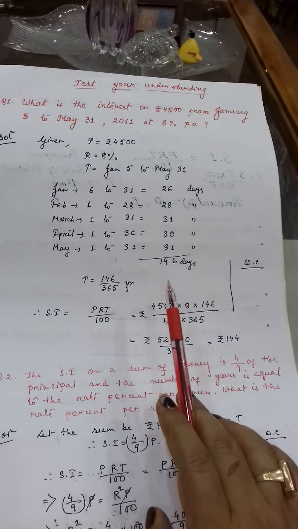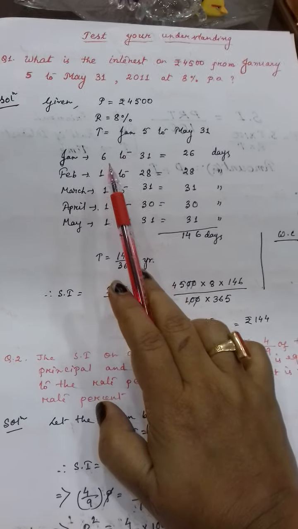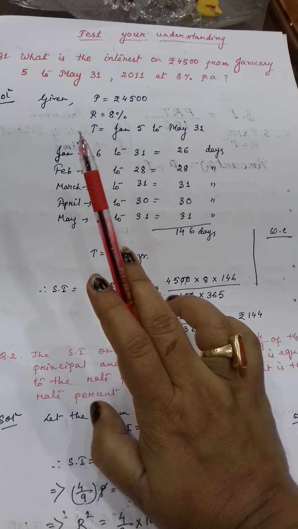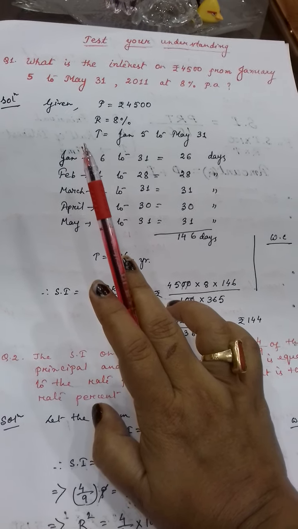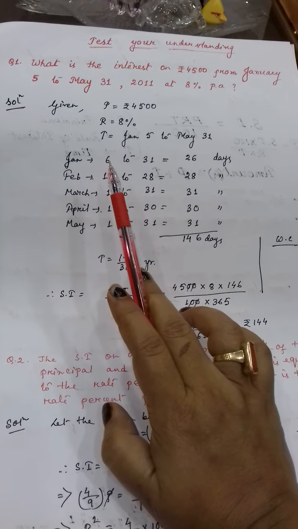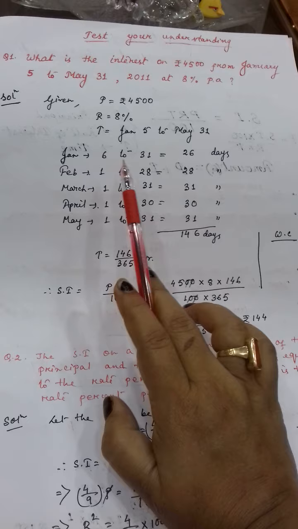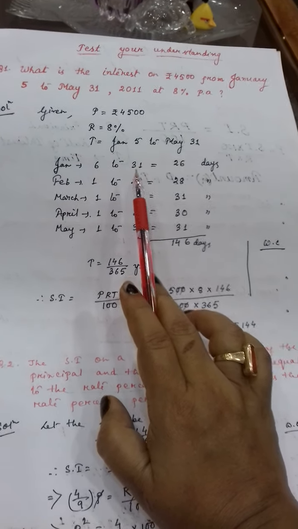Clear or not? So it is given from January 5, that means that day the person borrowed the money. So you will not count the 5, you will start from 6. So January 6 to 31, how many days?